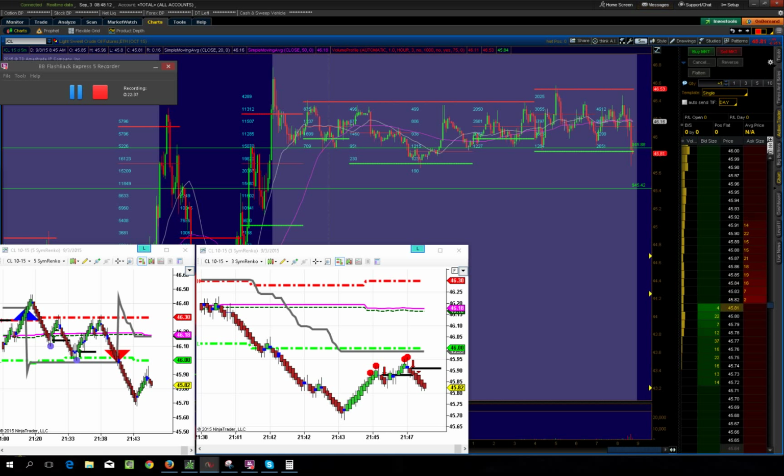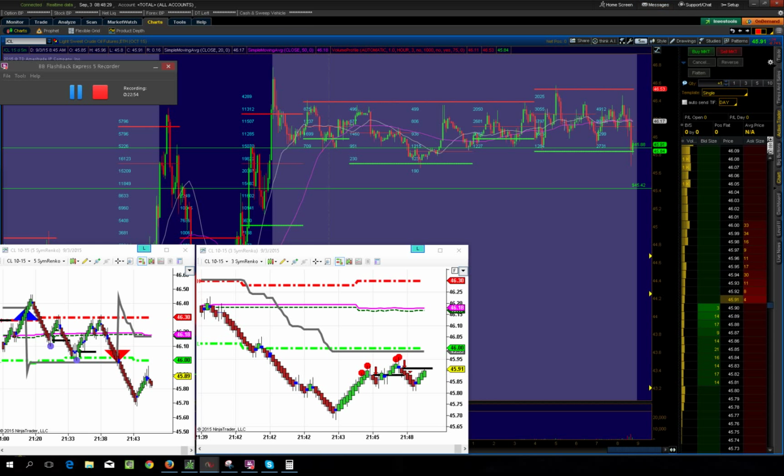But it just didn't really break far enough for me to feel comfortable. Because you see it kind of reversing again. It's not a good sign. I would like this thing to really push away first and then come back and retest it. It's just too shallow for me.